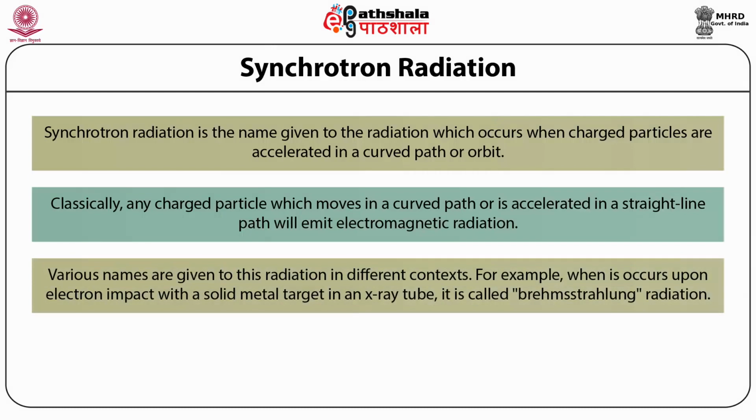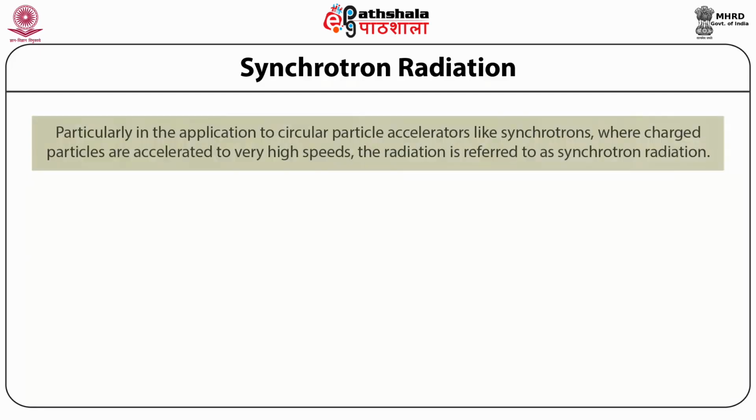For example, when it occurs upon the electron impact with a solid material target in an X-ray tube, it is called Bremsstrahlung radiation. Particularly in the application to circular particle accelerators like synchrotrons, where charged particles are accelerated to very high speeds, the radiation is referred to as synchrotron radiation.